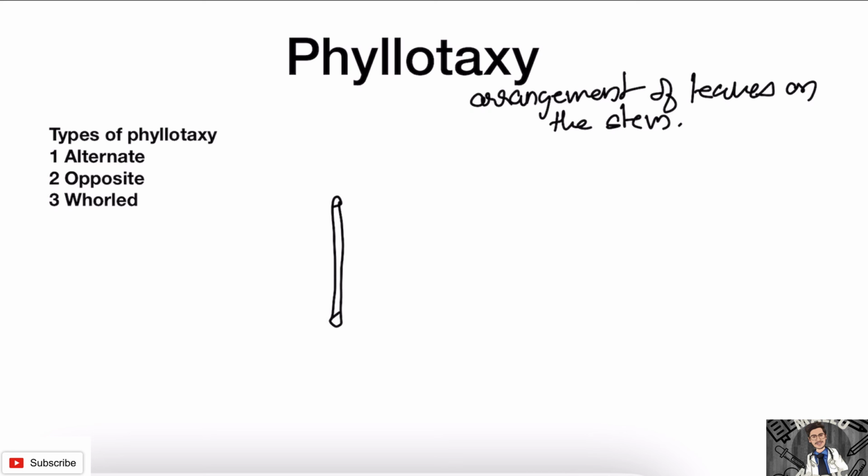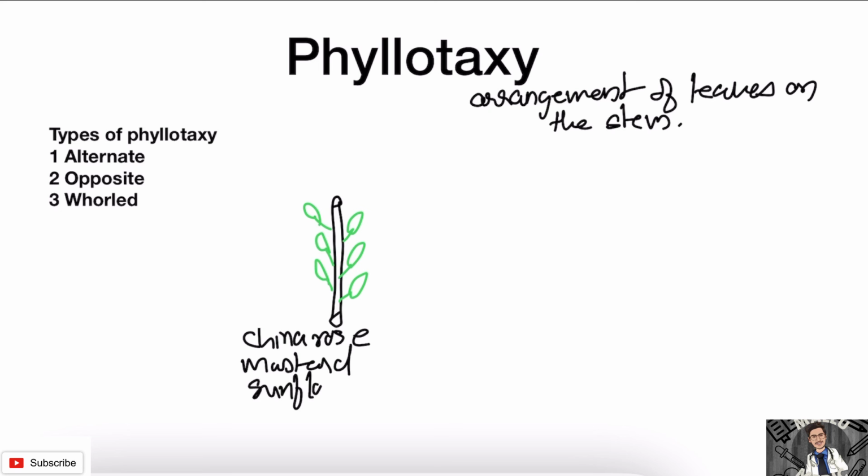If leaves are arising on the stem from nodes in an alternate manner like this, then we call it alternate phyllotaxy. And you have to learn the examples: China rose, mustard, and sunflower. Now what about opposite phyllotaxy?